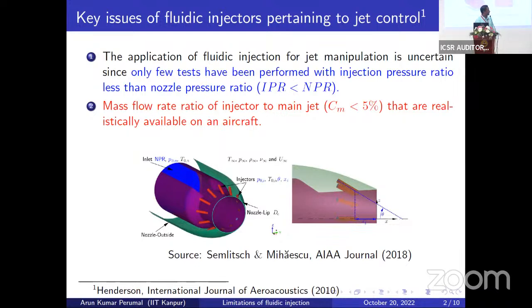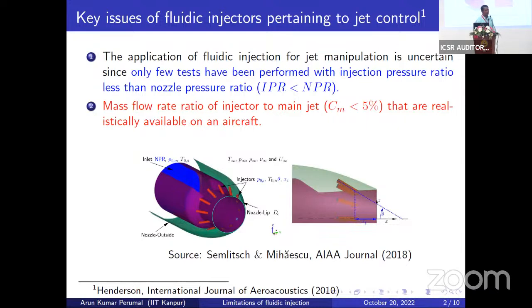The second limitation is the mass which has to be pumped from the main engine to the fluidic injectors. In laboratory conditions, or in what people have reported in literature, one can divert 10% or 15% of the mass, and we see substantial benefits in terms of noise, vectoring, or any such application.